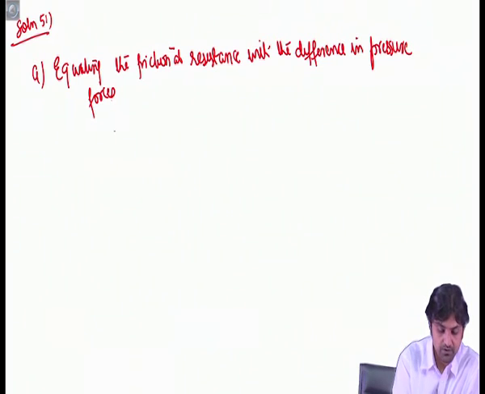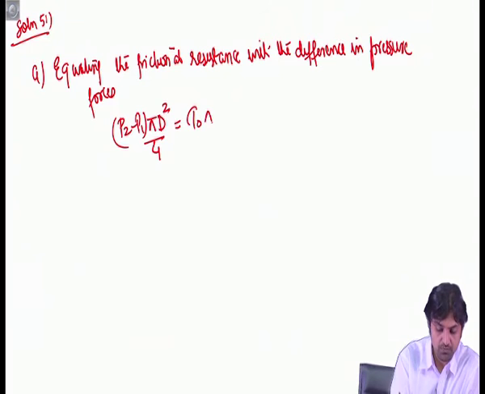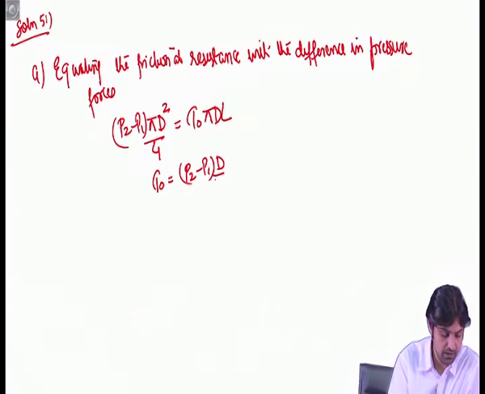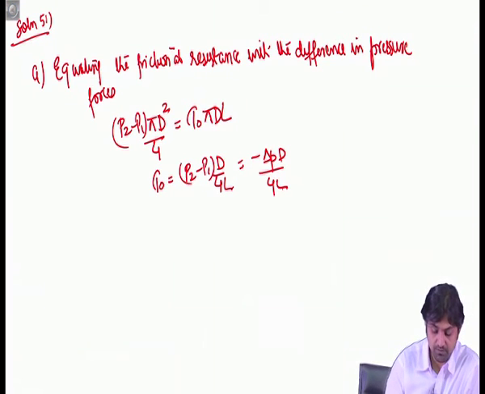Okay. So instead of delta P, we write P2 minus P1 into pi d to the power 2 by 4 is equal to tau naught into pi d L, correct. So tau naught using this can be written as P2 minus P1 into d by 4L, or minus delta P d by 4L, because delta P is P1 minus P2.